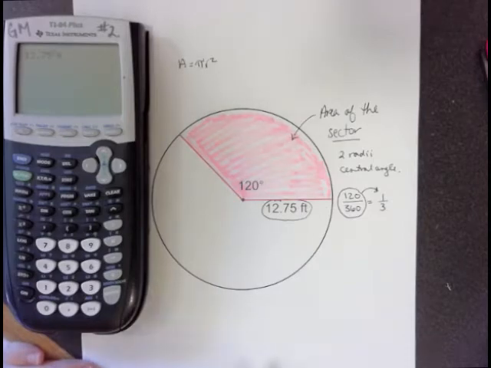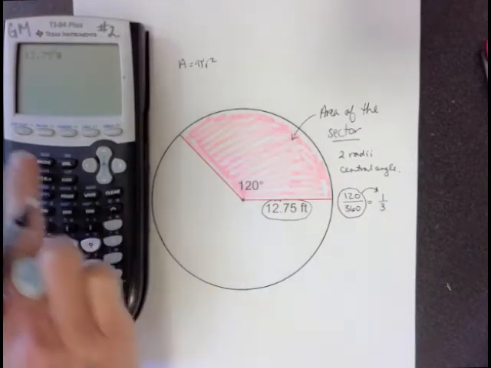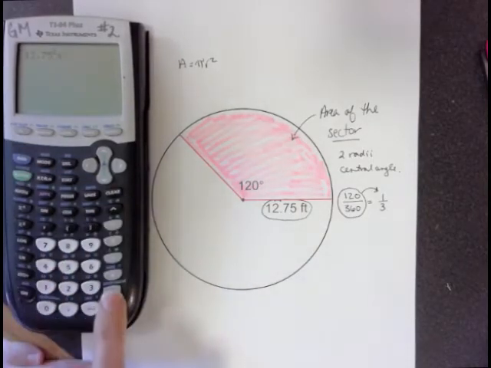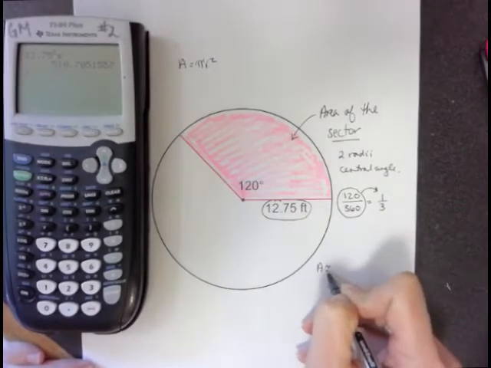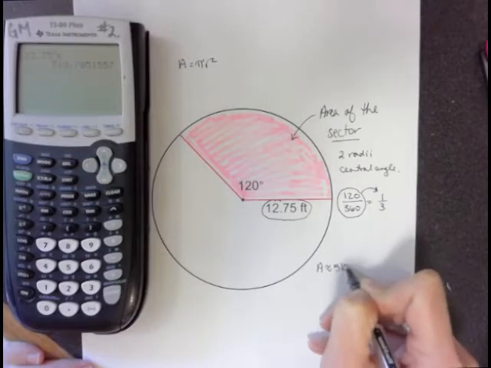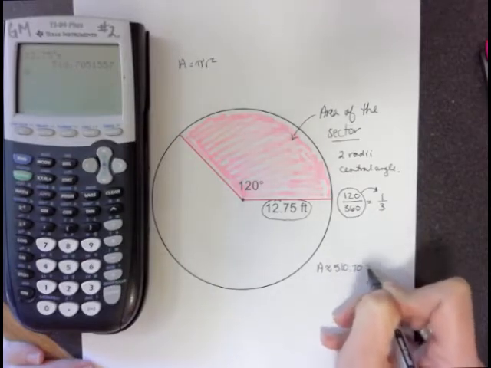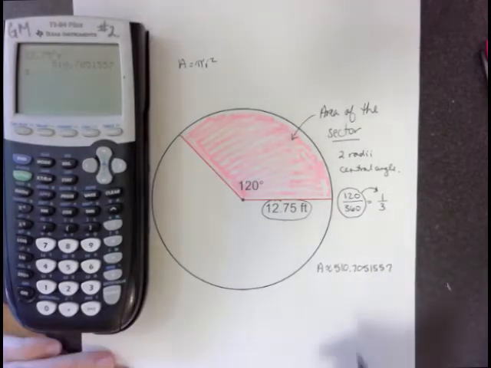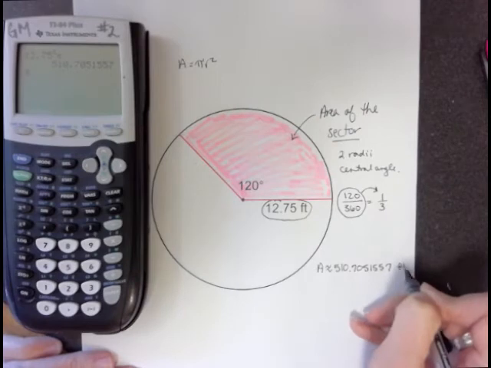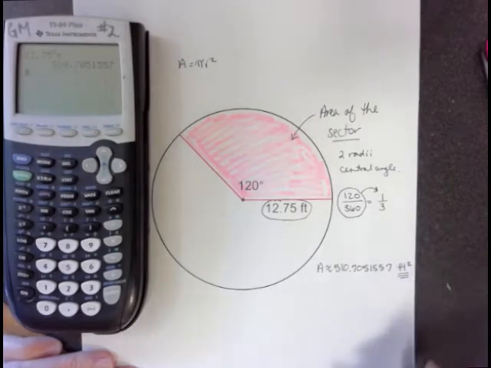And then I multiply it by pi. So the area is approximately 510.70, and I'm going to write all of my digits in here because remember, we're going to practice using all of the digits in the calculator. And don't forget our units. Remember, area is always in square units. So our area is this number here.